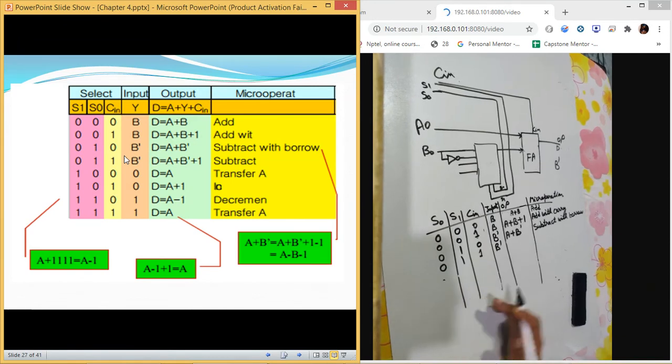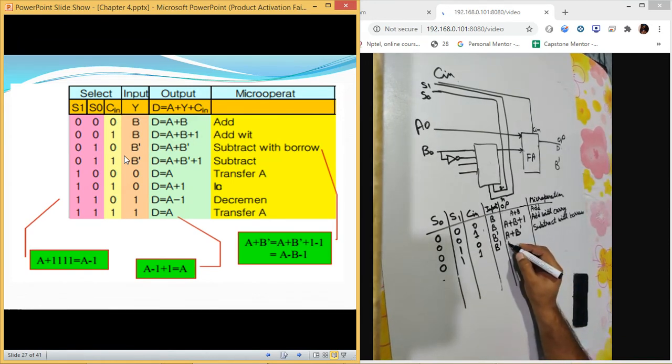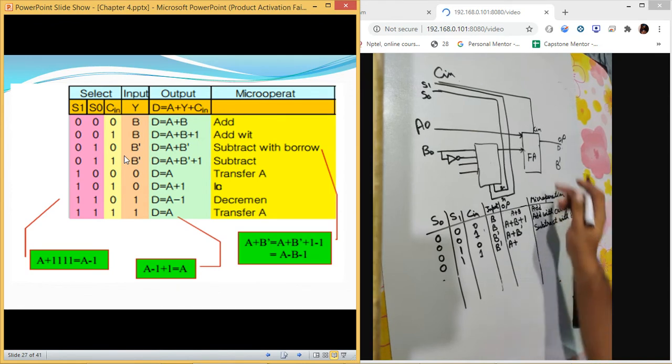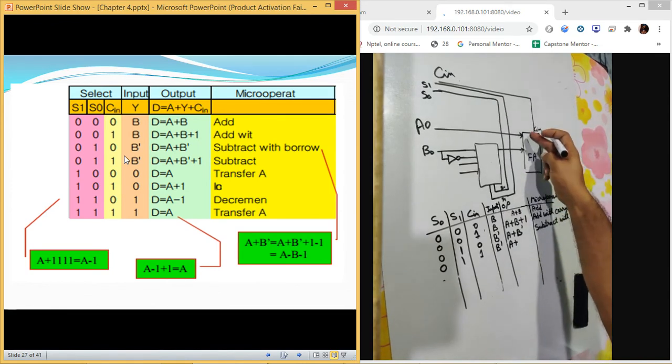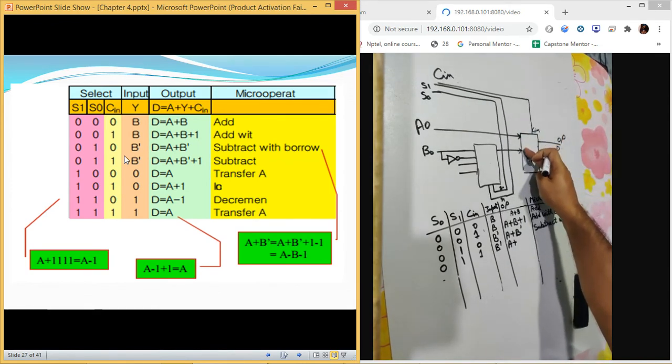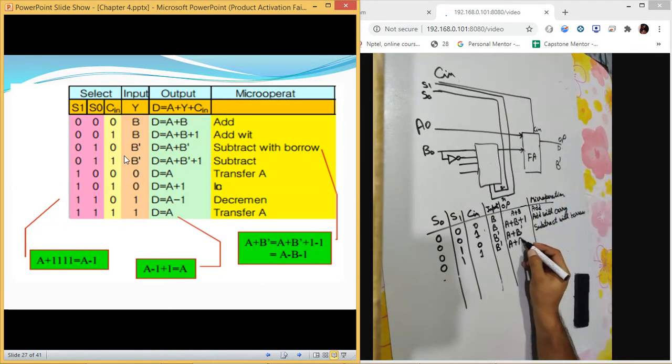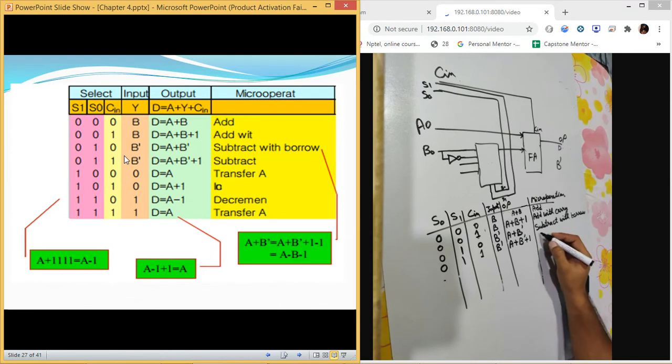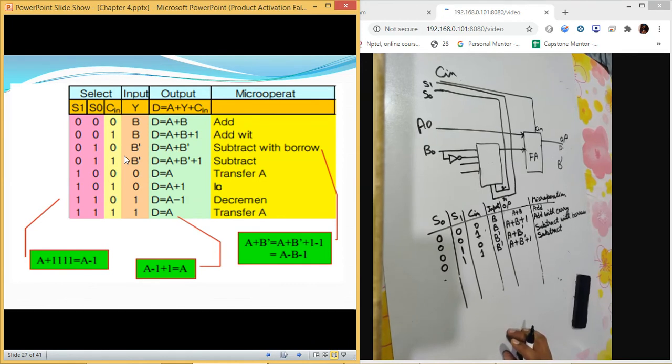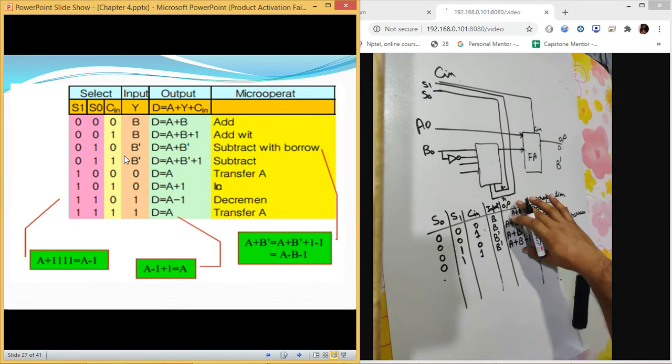So now the full adder will simply perform the addition A plus B bar plus 1. I think you are aware about it. It is a subtract operation.